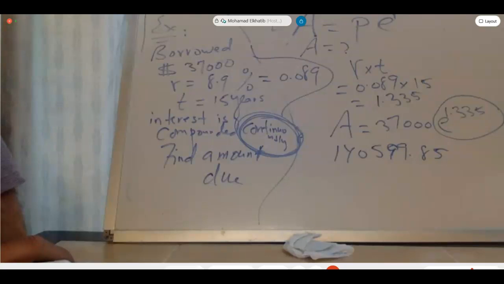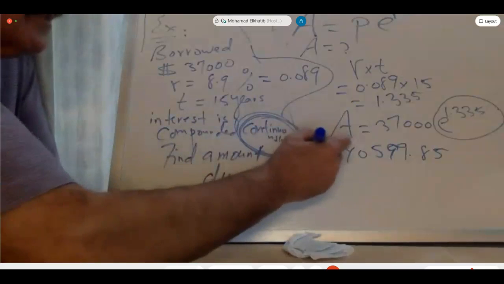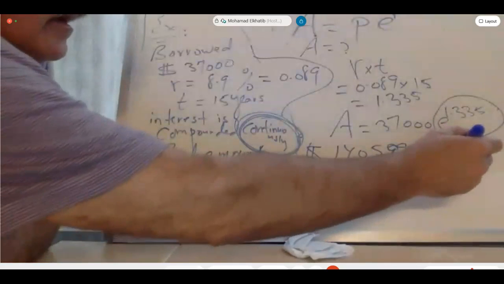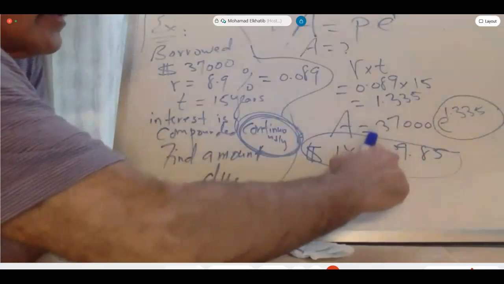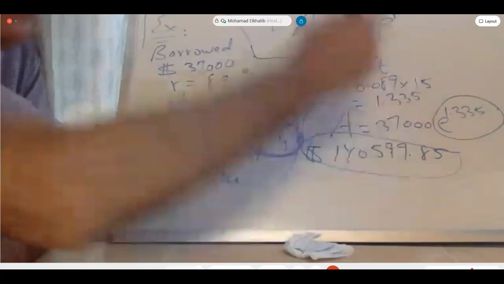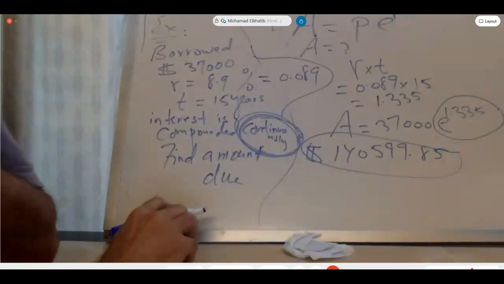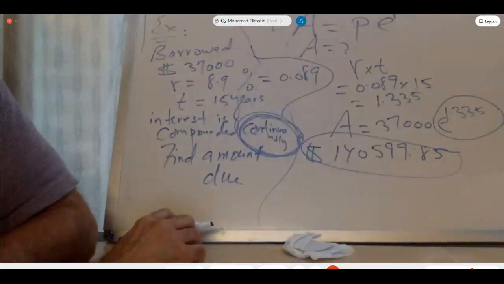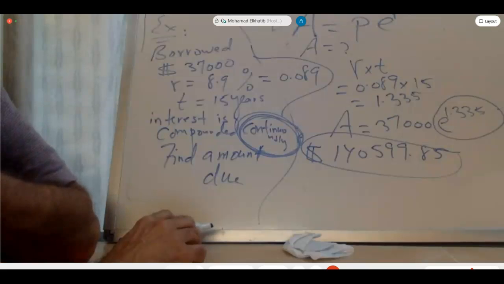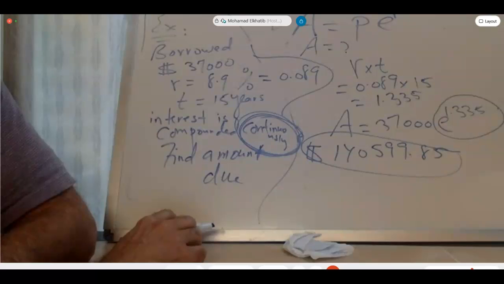So once you get the e value, which is the 3 point whatever, then you do times 37,000 and you're done. And there goes the answer. That's the amount due right here: $140,599.85. Did you get that, young man? Did you get it?